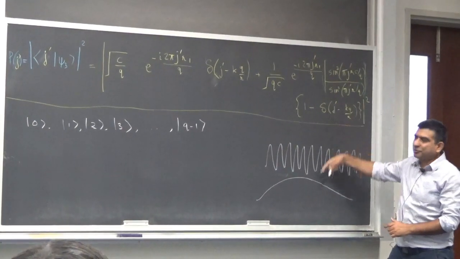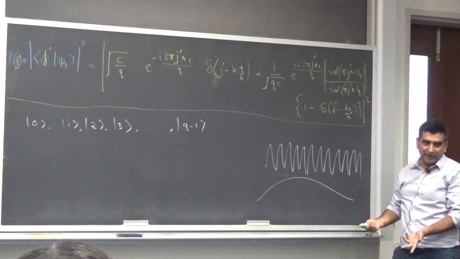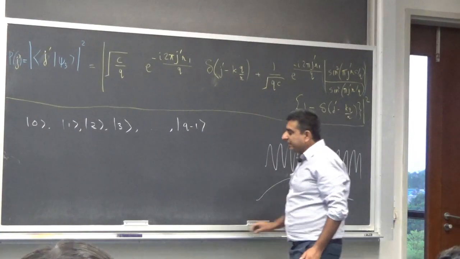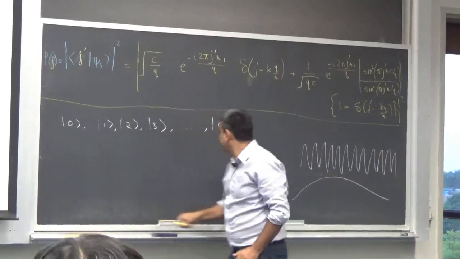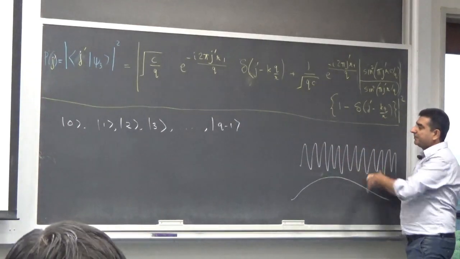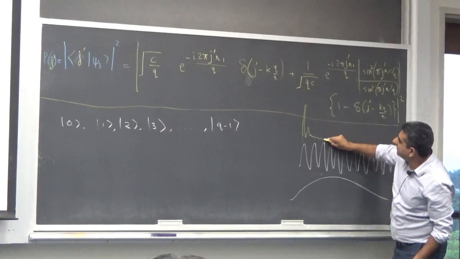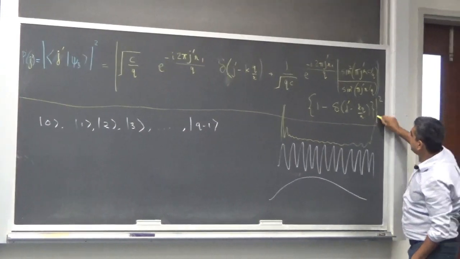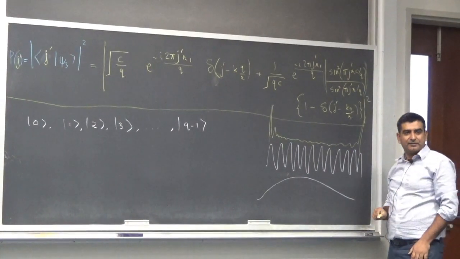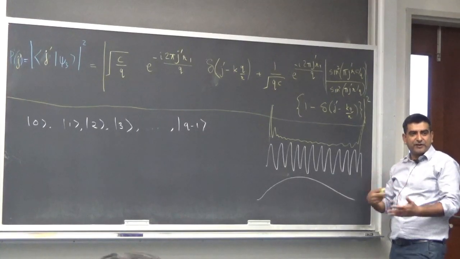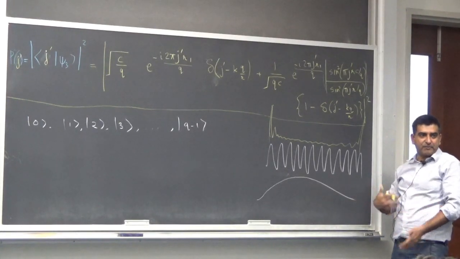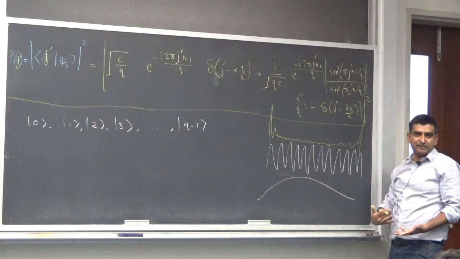When I divide the two terms, after of course taking the squares, I'm dividing by a large number in the middle, so I will just be left with peaks at the edges, followed by very small amplitude and then peaks at the edges again. So this is the kind of probability distribution that I'm expecting from this.